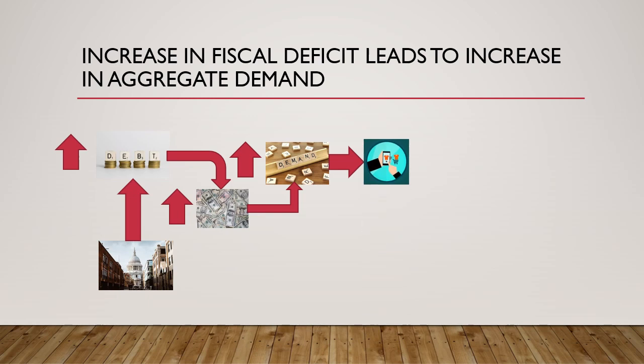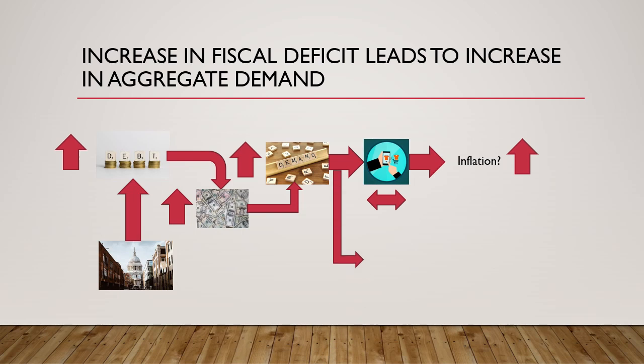Now, due to the increase in demand, in the first scenario, the domestic supply in the economy is not able to match up. Let's say the economy is producing at its optimum supply level. That means that the inflation levels in the economy will rise.